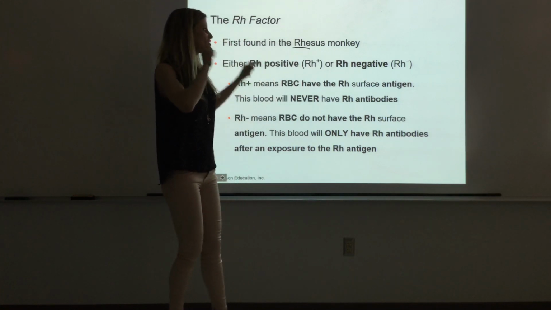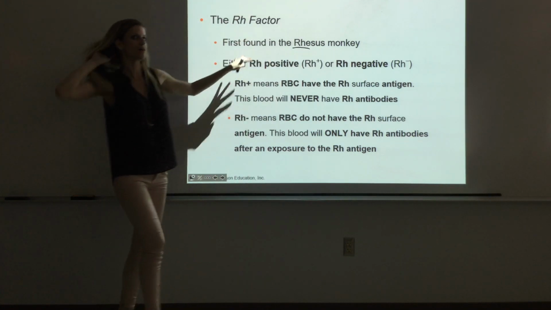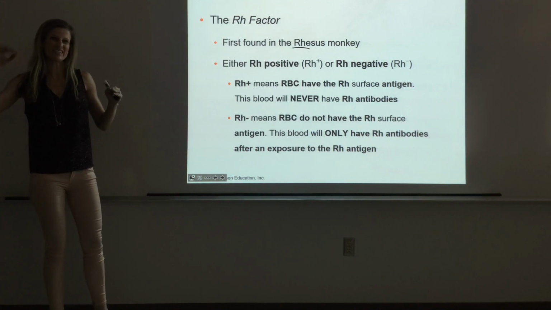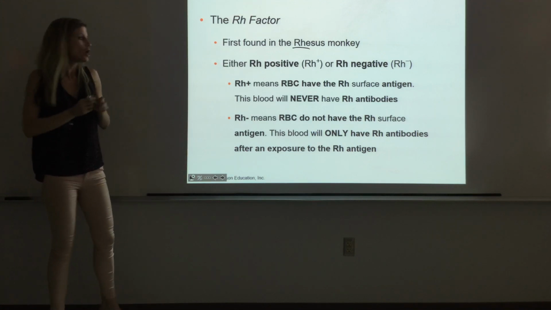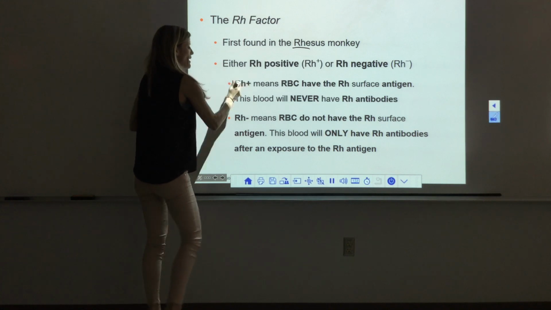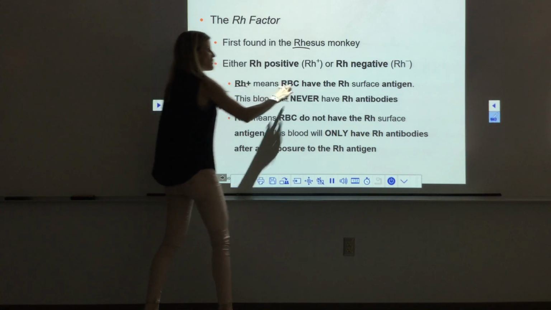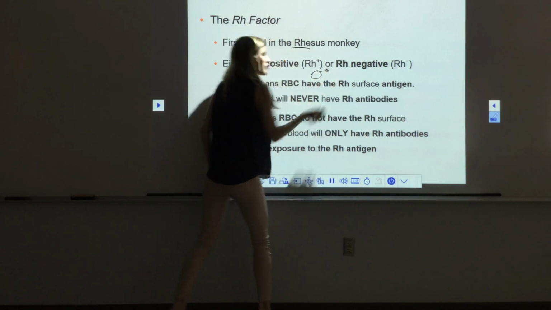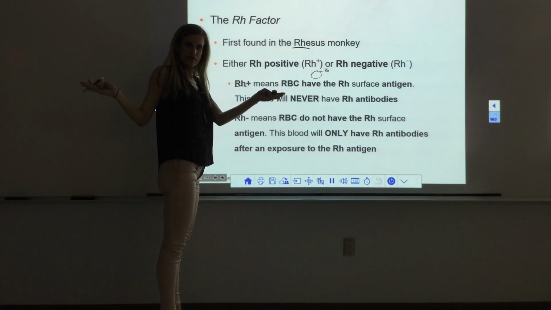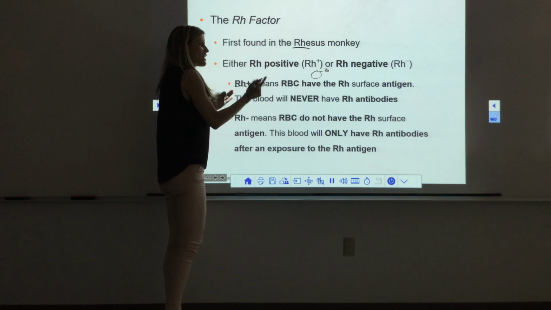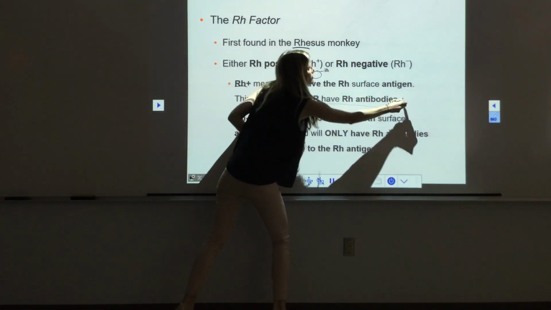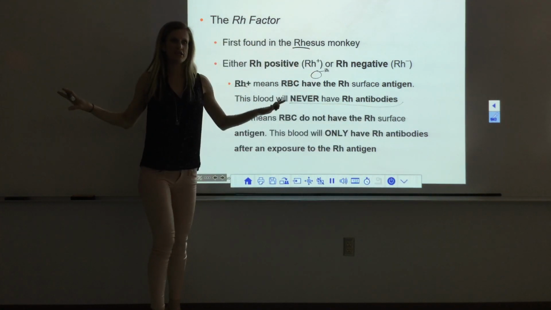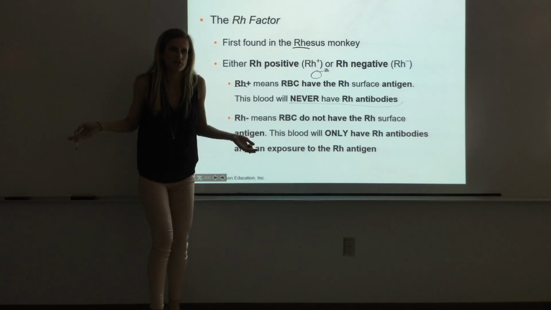Now, this is where it's a little bit different and why we don't talk about this at the exact same time as the other ones, because the antibodies here are weird. If you're Rh positive, that means your red blood cells have the Rh antigen, the Rh identifier. That means your blood will never have anti-Rh antibodies because you don't want to fight yourself.